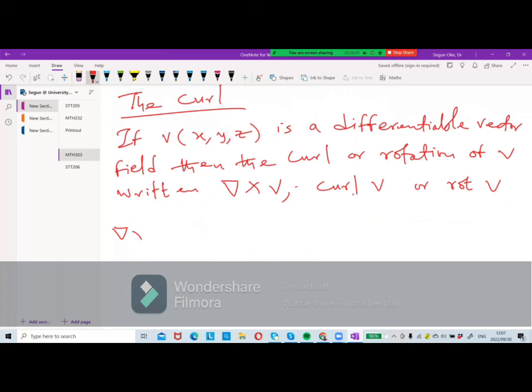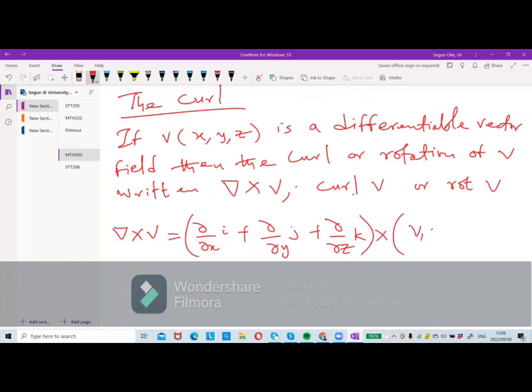When you have this del cross V, what does it mean? It is d dx i plus d dy j plus d dz k, cross V1 i plus V2 j plus V3 k. So if I have this, how do I do that?